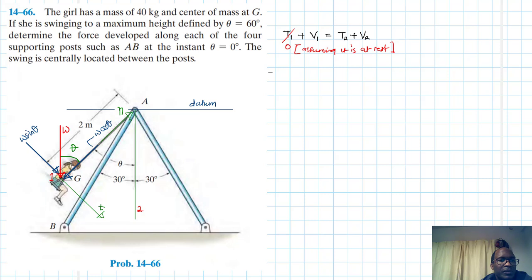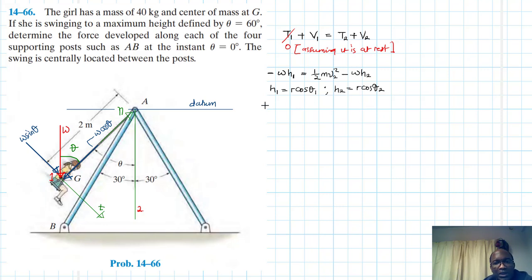So it's minus W H1, and then equal to, we are going to have the kinetic energy, which is positive, half m v2 squared, and then of course we have W H2, where H1 is just equal to R cos theta 1, and H2 is just equal to R cos theta 2.